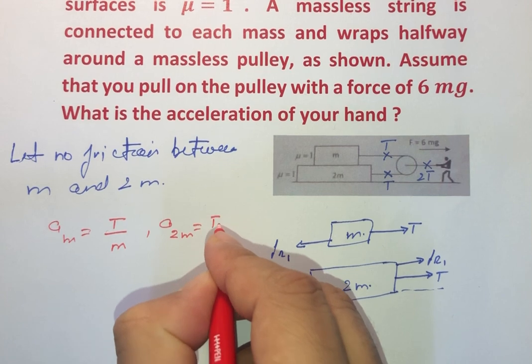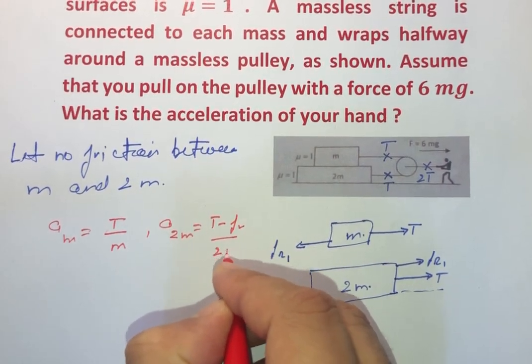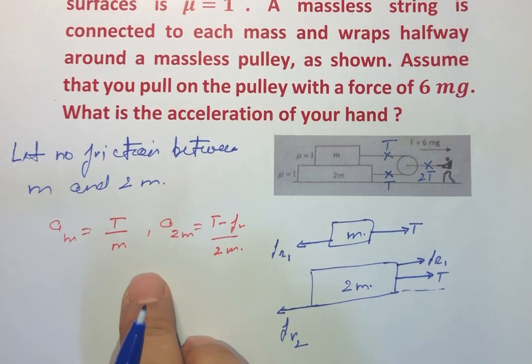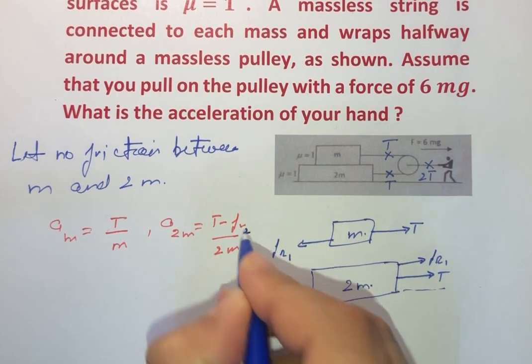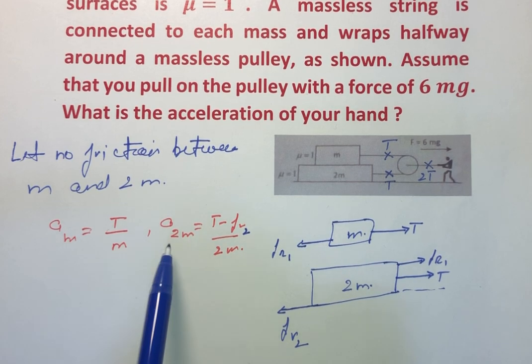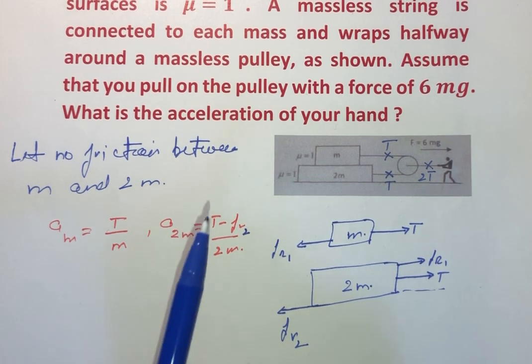So from here we can say that the acceleration of m will be larger than the acceleration of 2m. We can get more or less an idea.